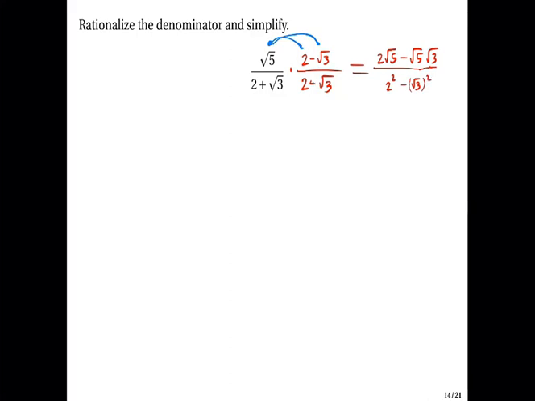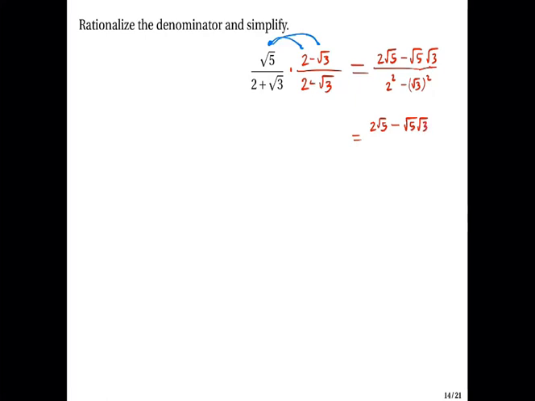And in here, we just need to simplify 2 square root of 5 minus, you can multiply them, square root of 5 times square root of 3, that's square root of 15. Okay? That's square root of 15. But I am allowing you to just write square root of 5 times square root of 3.